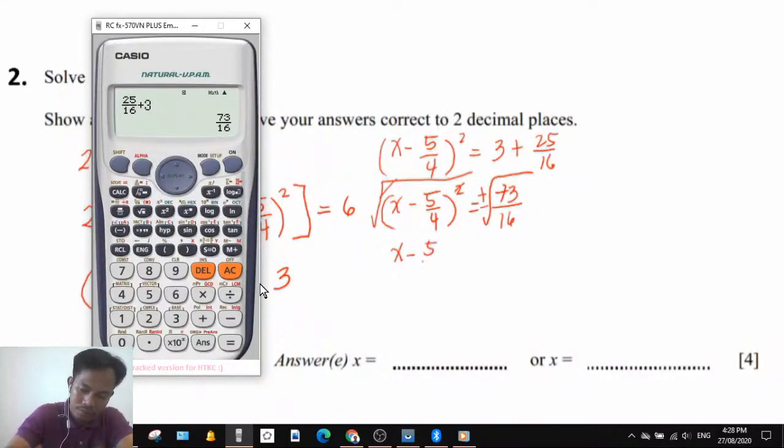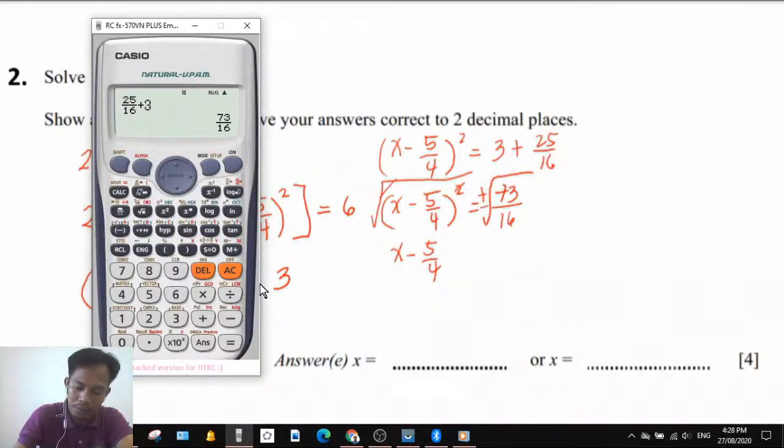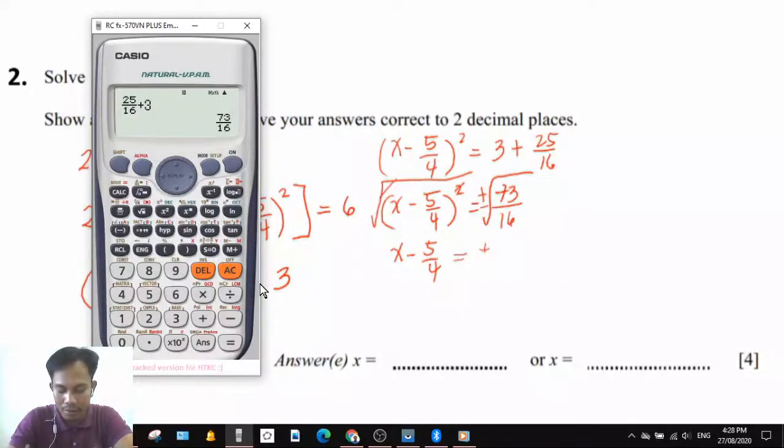It will now be equal to positive negative square root of 73 over square root of 16, which is 4. Then I'll have now solution number 1. I'll move x minus 5 over 4 to the right side.